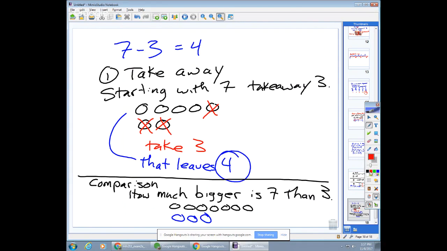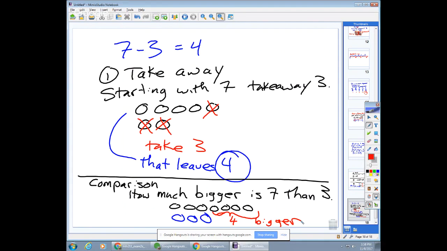Since they're lined up, I can just look and say, well, these guys don't line up, right? So here I can say 4 bigger. So with the comparison model, we end up drawing both of them. Other versions of this are on the number line, or I could say, well, what would I add to 3 to get 7? And so we have a counting back strategy, which would be another way to attack that.